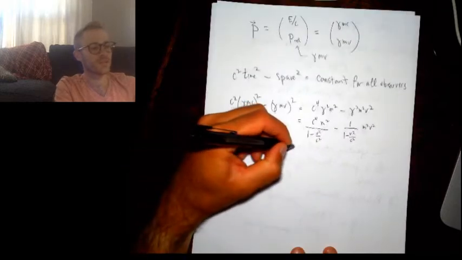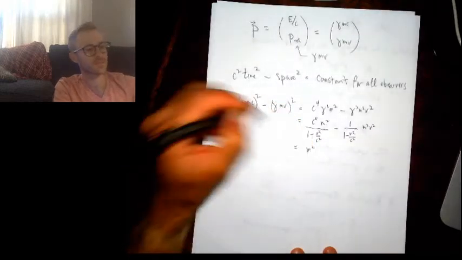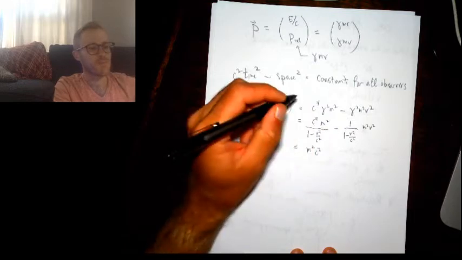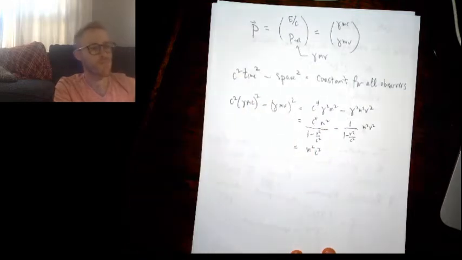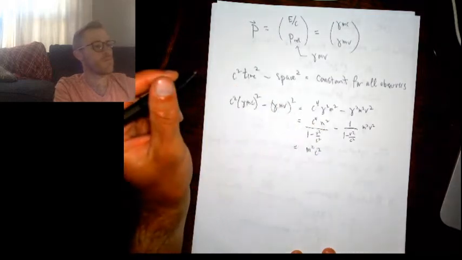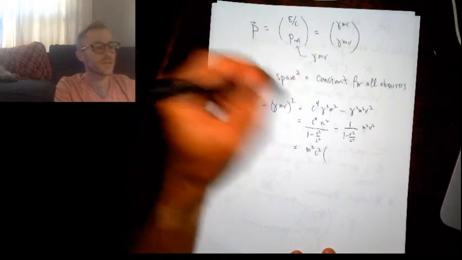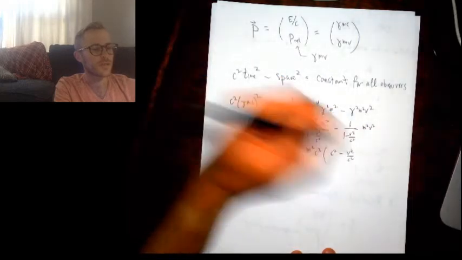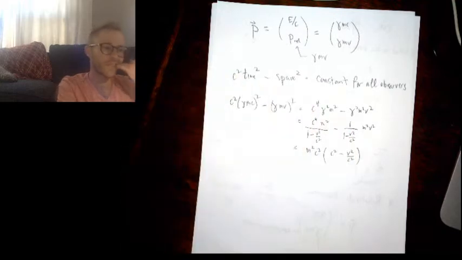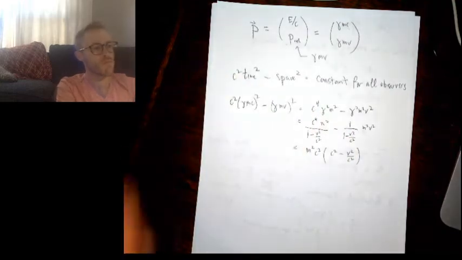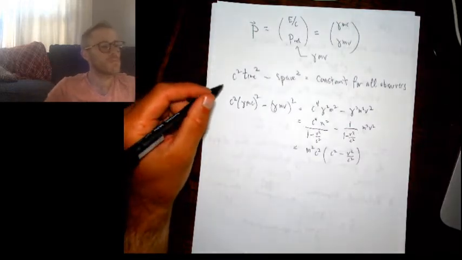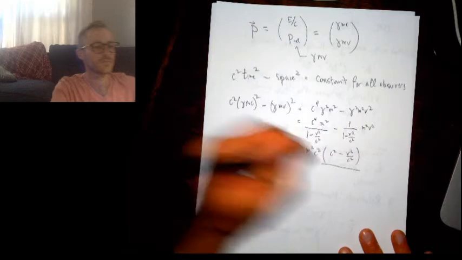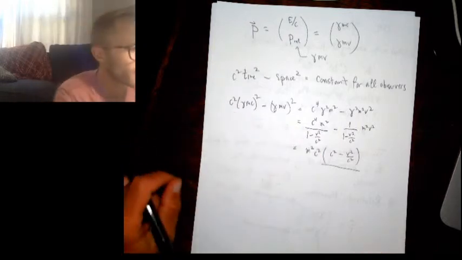So now what I want to do is factor out the m squared. And I'm also going to factor out the c squared. And I get, what do I get? I feel like I'm making a boo-boo here.